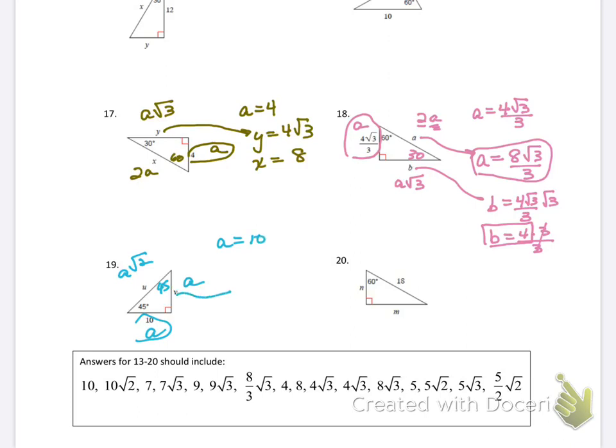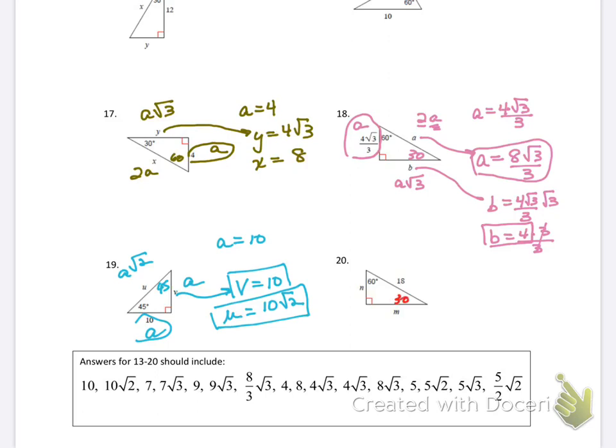If that's the case, then V, which had to equal my A, is also going to be 10, which makes sense because it has to be an isosceles triangle. And U, which has to be equal to A, and the A was 10, times the radical 2, and we're done. Don't do anything else with that. You are done. And look at you, you're down to the very last problem.